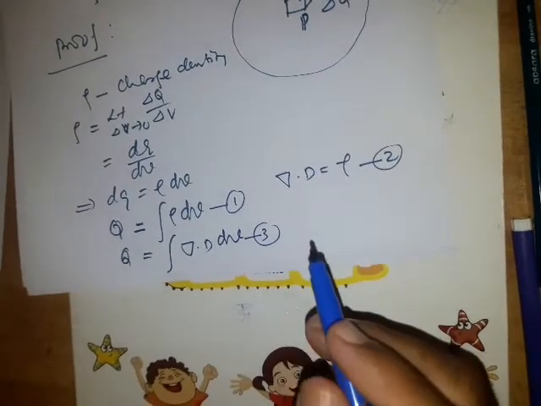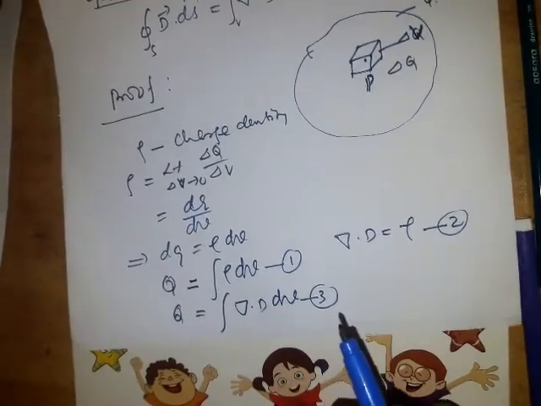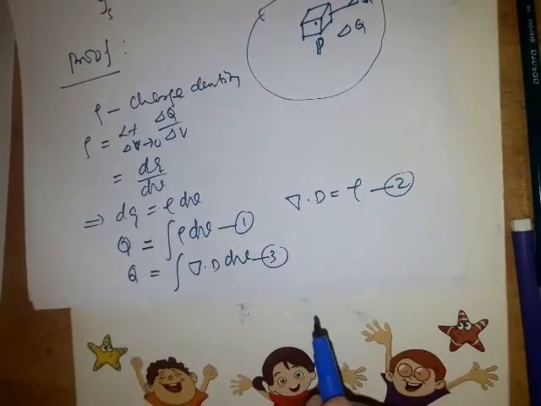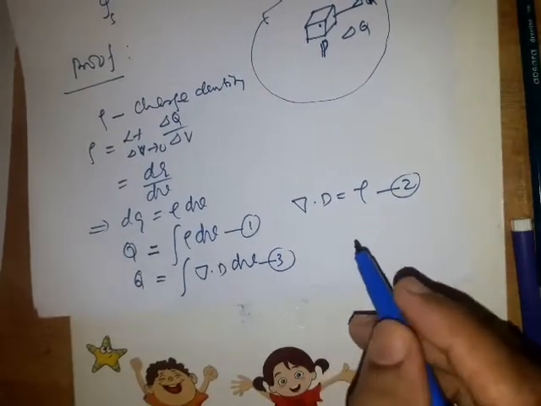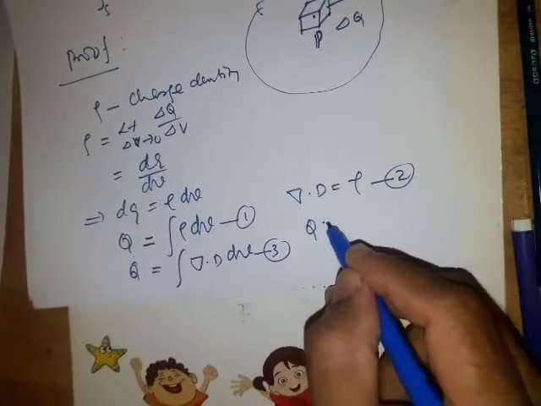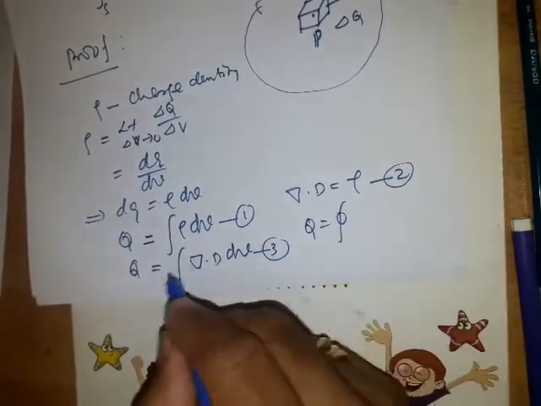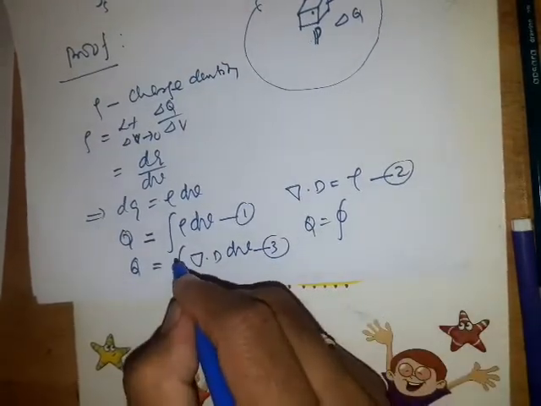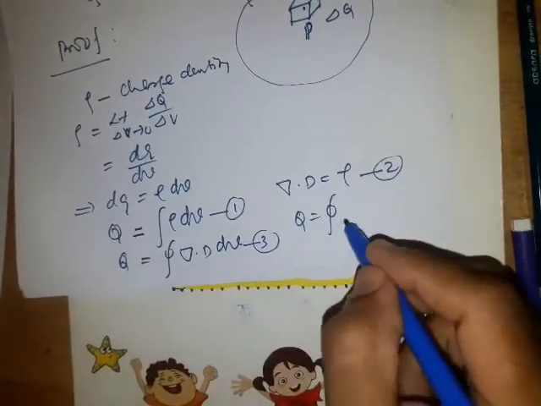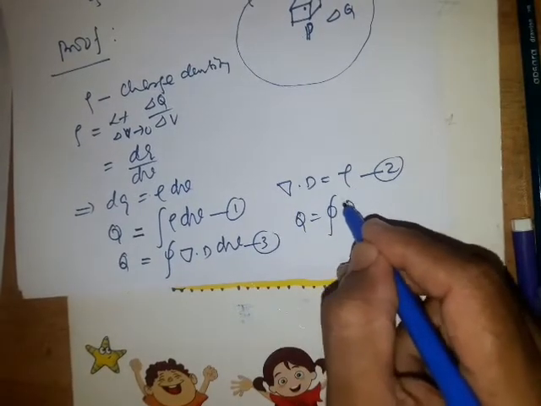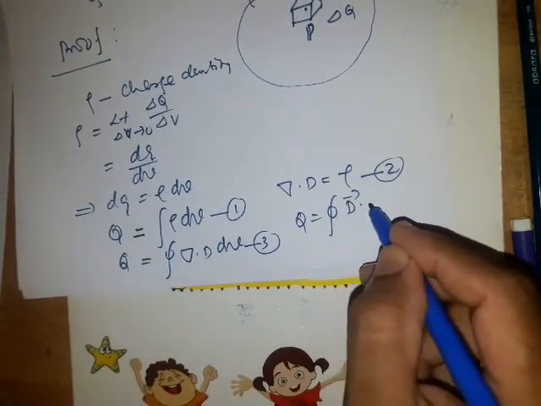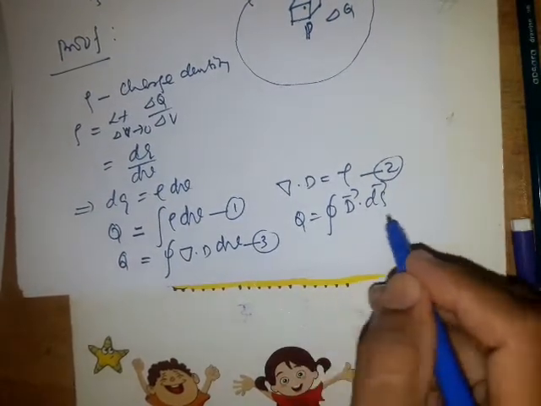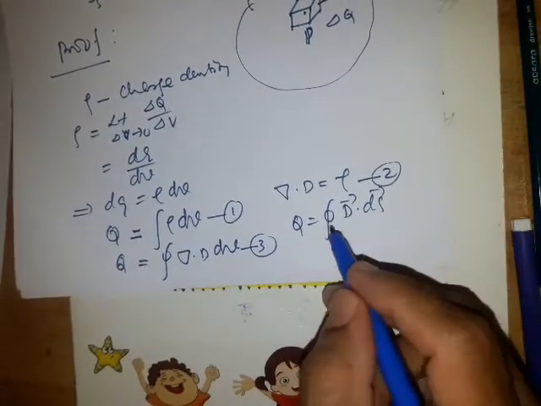Now Gauss law of electrostatics tells us that Q is equal to, of course you can write this as over a closed surface, the surface integral of D dot ds, which we just discussed. I can call this equation number 4.